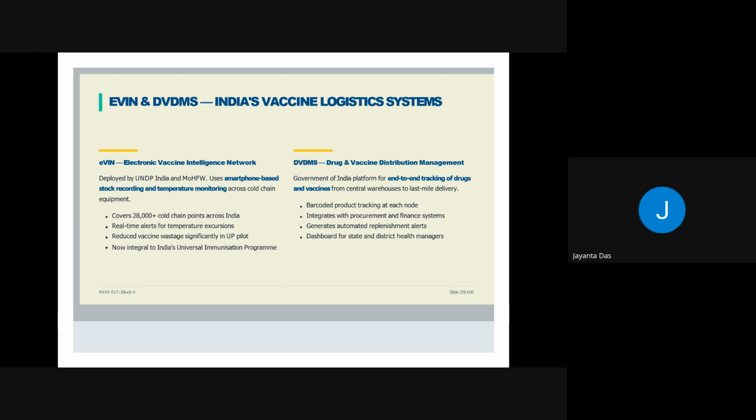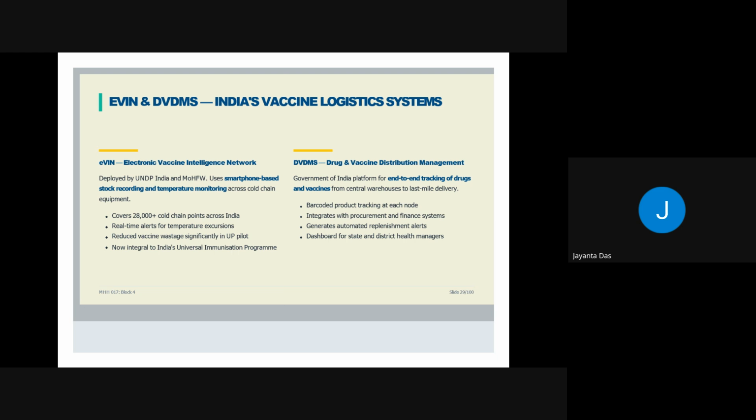Coming further, there is eVIN and DVDMS. These are India's vaccine logistics systems. eVIN is the Electronic Vaccine Intelligence Network. I'm happy to mention that the institute where I spent almost 4 decades and retired from as a director developed the NCCVMRC, the National Cold Chain and Vaccine Management Resource Center.